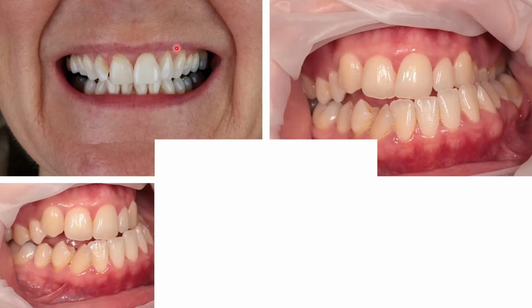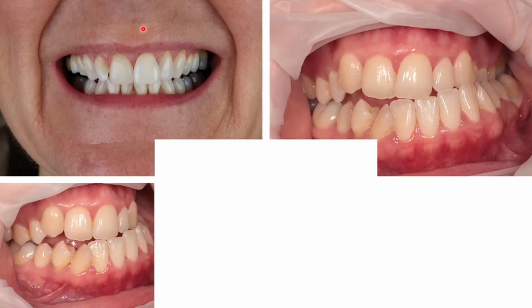That's an interesting one then. So this case here on the top left-hand side of the screen, again, came in for a consult. I thought the smile was actually quite nice. A little bit of a concern about the overlapping centrals and the tooth on the right-hand side here.